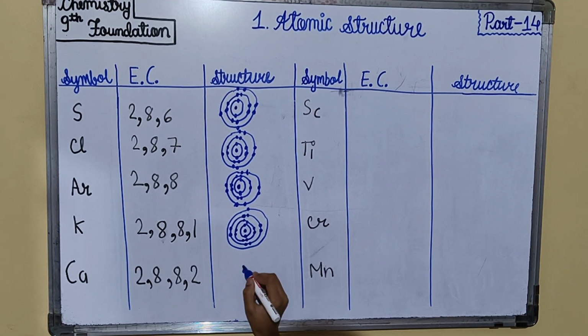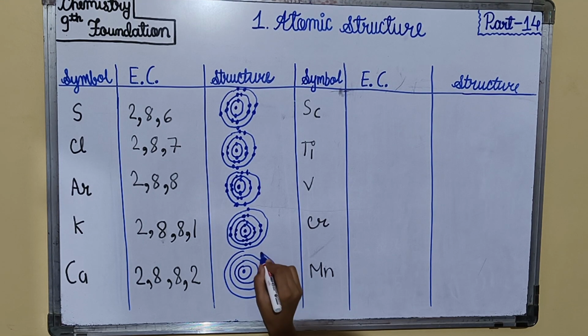So if you observe, you'll get to know. Two shells over here, 2, 8, 8, comma 2.